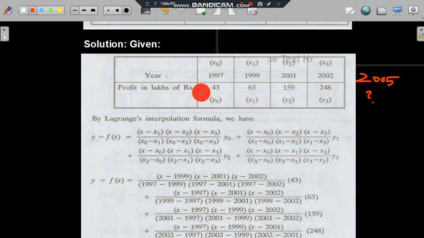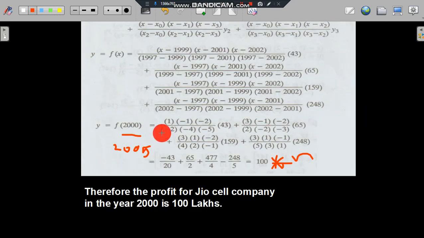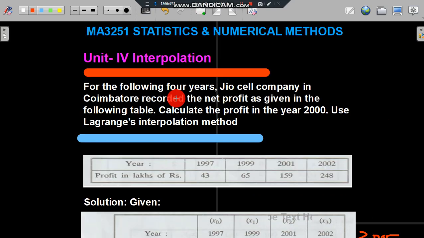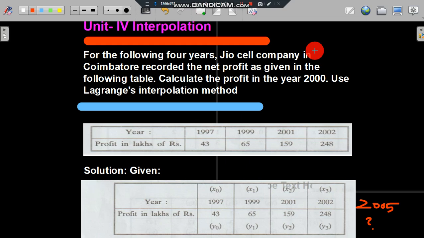So not only inside the range given to us, but outside the range also, it is possible to predict the value of y. This type of problem is called an interpolation problem. This comes in unit number 4 of your mathematics subject MA 3251, statistics and numerical methods.